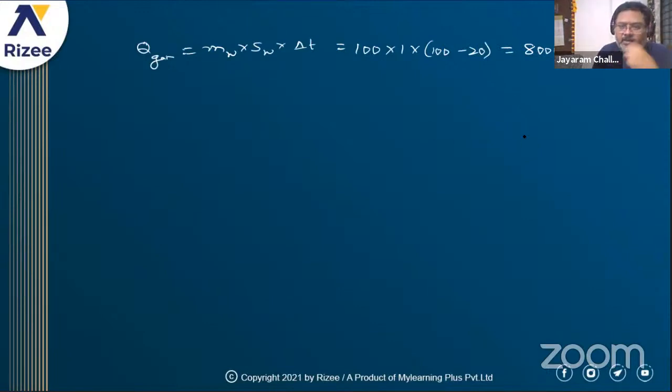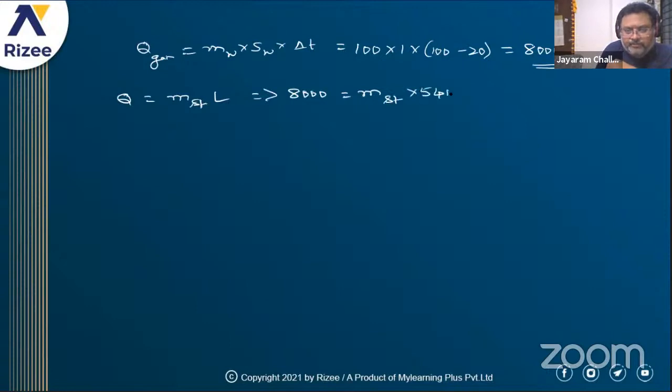So to have these 8,000 calories, how much steam is required? Heat is equal to the mass of the steam into latent heat, that is the conversion. So for these 8,000 calories, how much mass of the steam is necessary? Into 540.